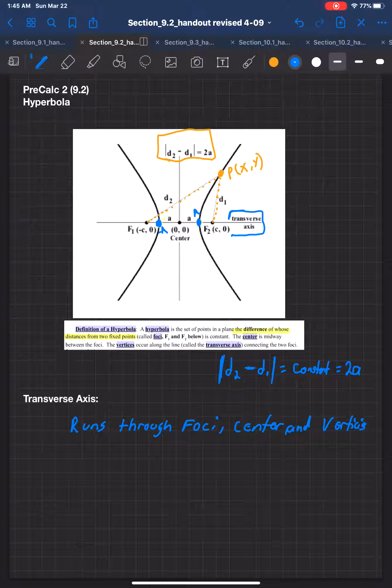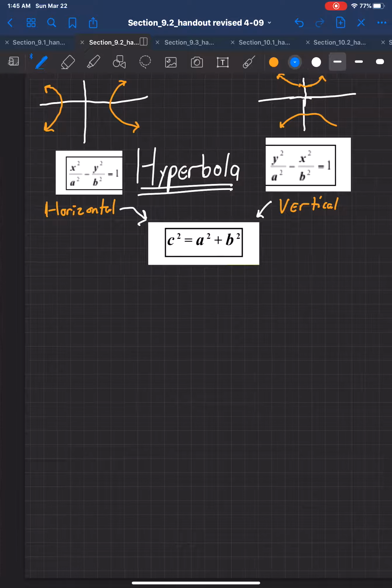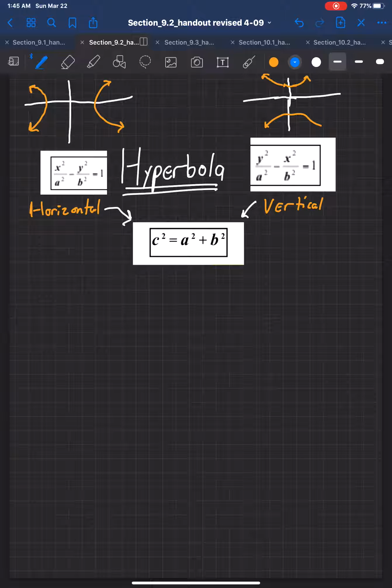As I said, for the most part, the techniques that we used in the previous section on the ellipse almost perfectly mirror the techniques that we're going to use on the hyperbola. So we're not going to stay here very long, but let me show you the two types of hyperbolas that we're interested in.